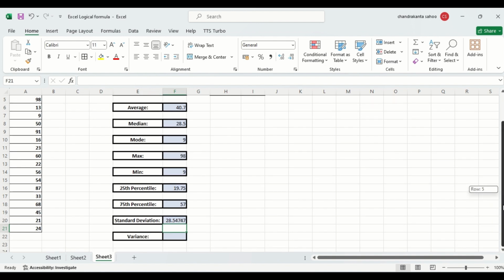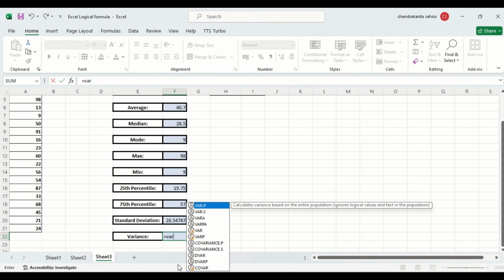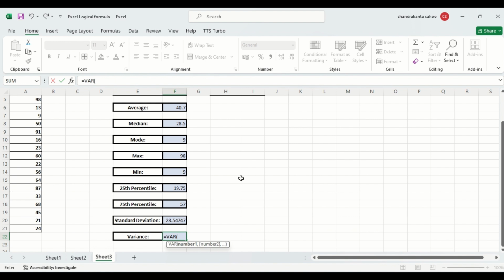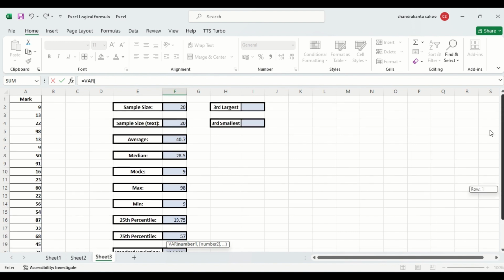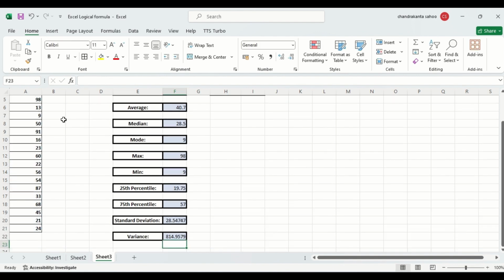We also have variance. Variance, there are two ways you can calculate it. Standard deviation is the square root of variance, so variance is the square of your standard deviation. So you can use VAR.